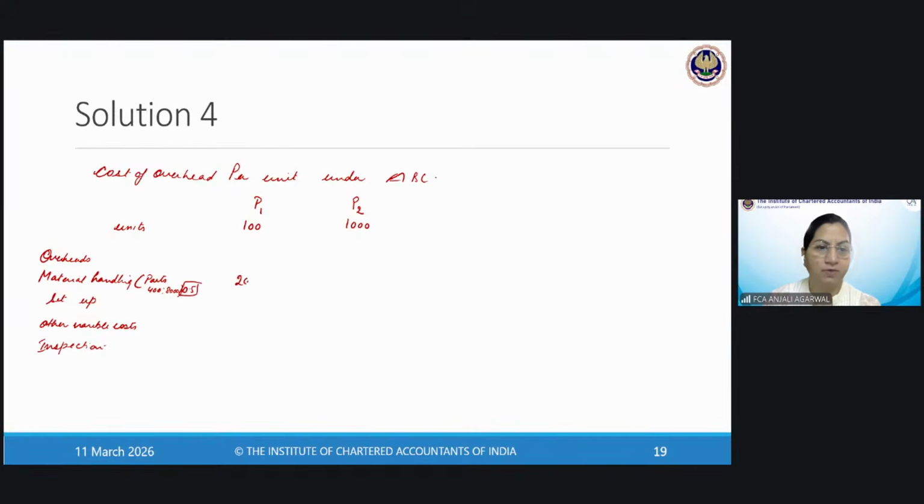So this will bear 200 and this will bear 4,000. So total expenditure in material handling was 4,200. You can make several columns for this: units, overheads, cost of overheads, ratio of overheads, and the rate. Or you can do this calculation here, 400 into 0.5 and 8,000 into 0.5.